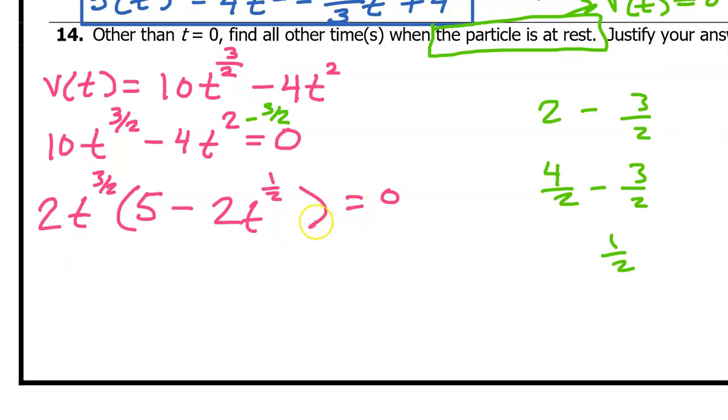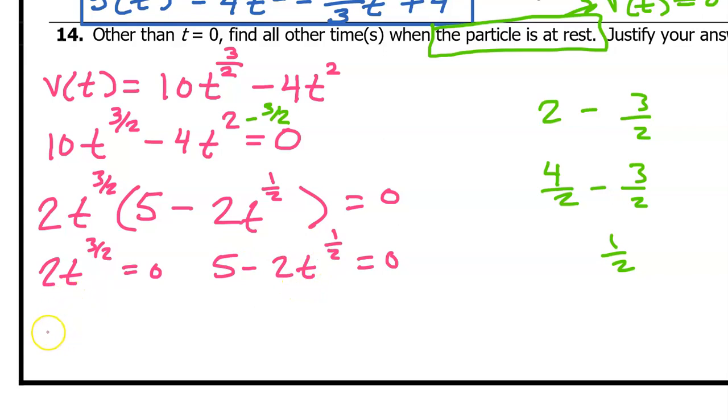Now that I have this factored, I can solve by setting each factor equal to 0. So if I set 2t to the 3/2 power equal to 0, I'm going to get a solution. And if I set 5 minus 2t to the 1/2 power equal to 0, I'm going to get another solution.